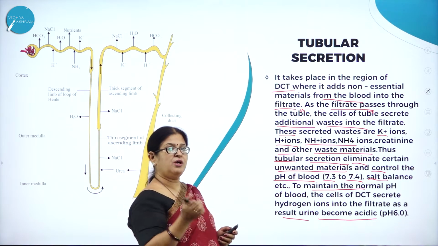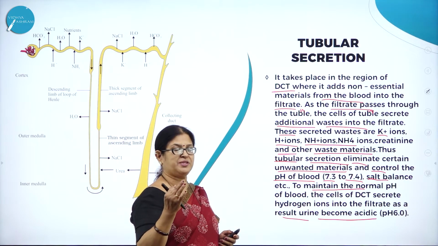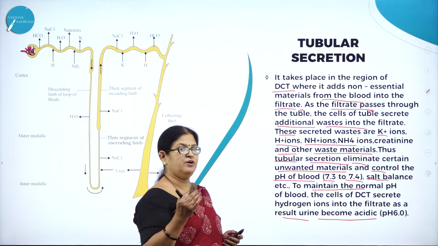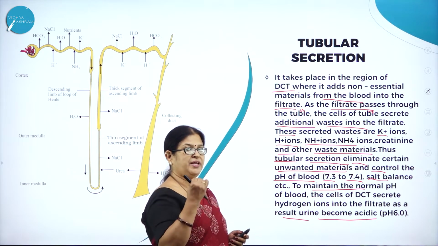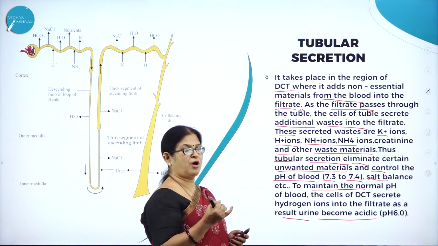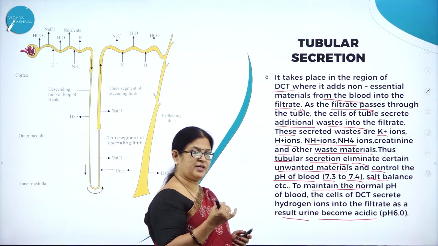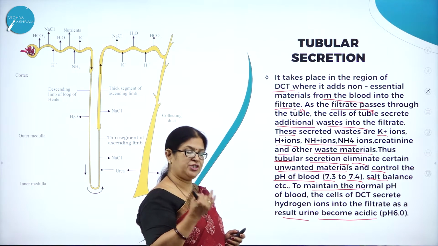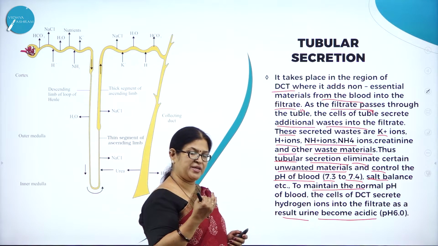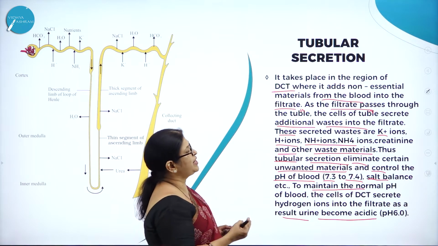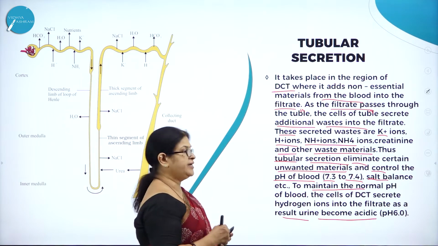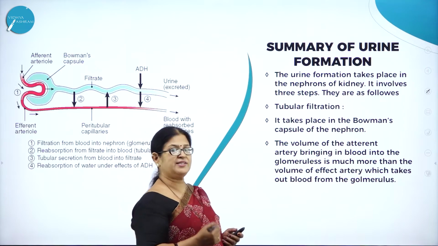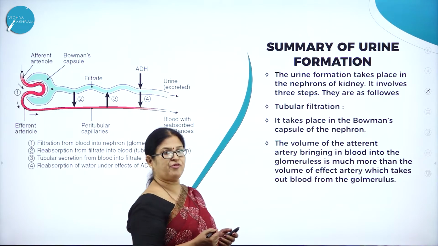Hope you have understood all the three very important steps that are involved in the process of formation of urine, namely the ultrafiltration or glomerular filtration, which takes place in the renal corpuscle or Malpighian corpuscle, then the tubular reabsorption, which takes place in the PCT, and the tubular secretion, which takes place in the DCT. Now, let us understand the summary of urine formation.